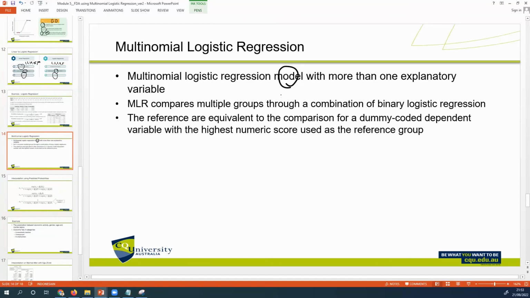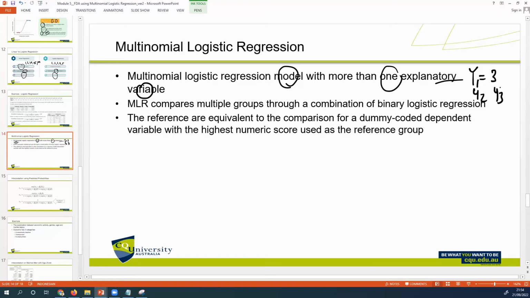The multinomial logistic regression model is a model with more than two categories in the outcome variable. So it has more than 2 categories in the y. The minimum is 3: Y1, Y2, and Y3.